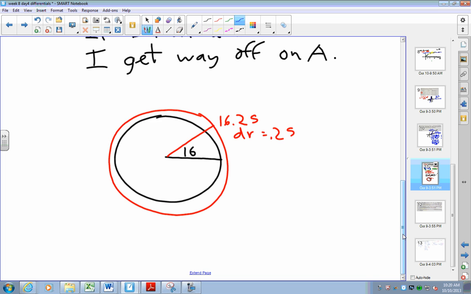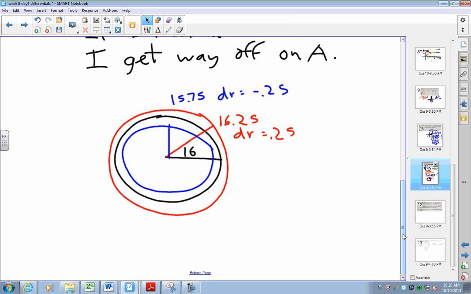Could I also draw one that is 15.75, which is dr is negative 0.25? You guys okay with that? So that little change in r did what? Huge change in where? A.